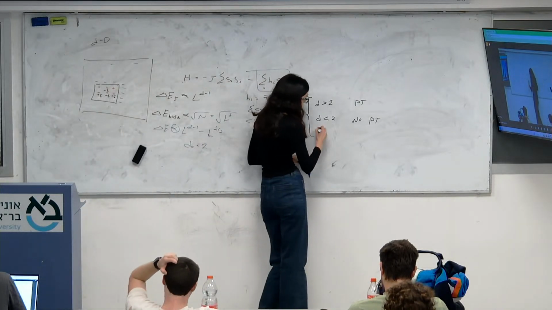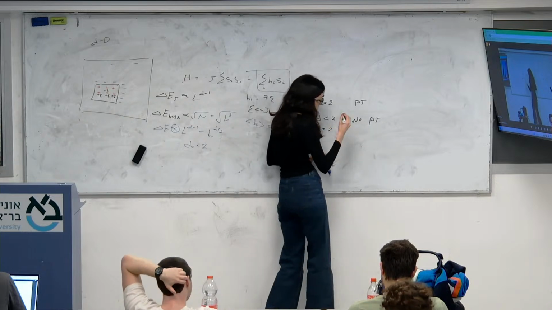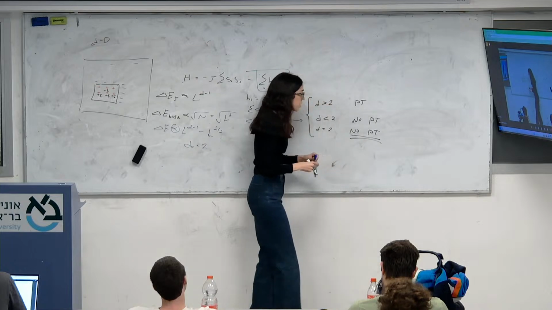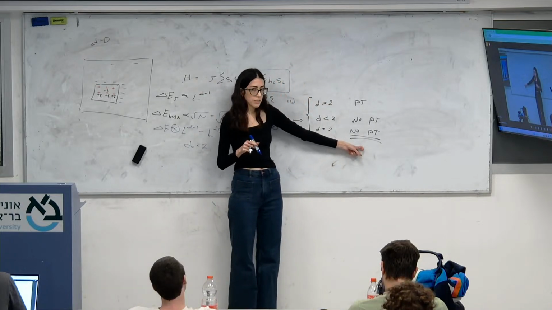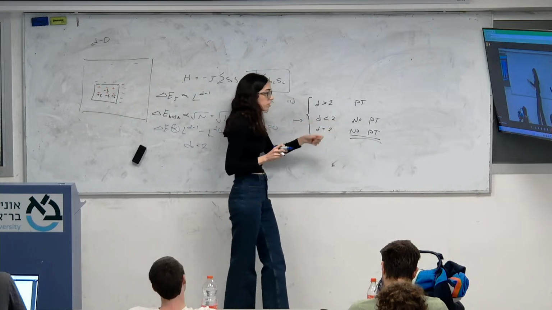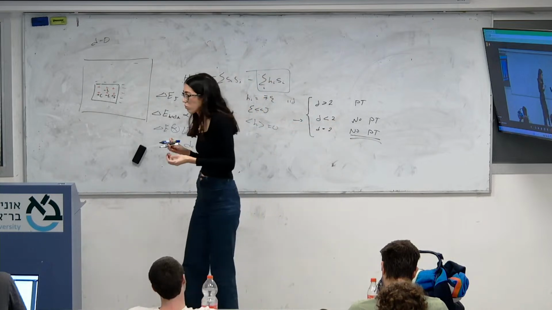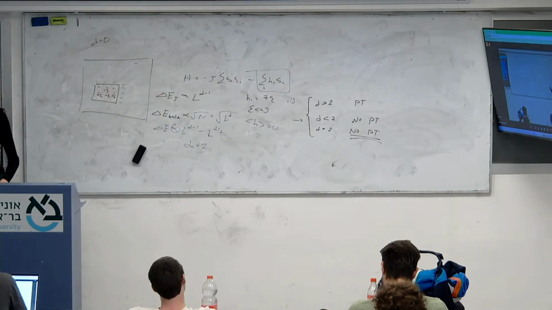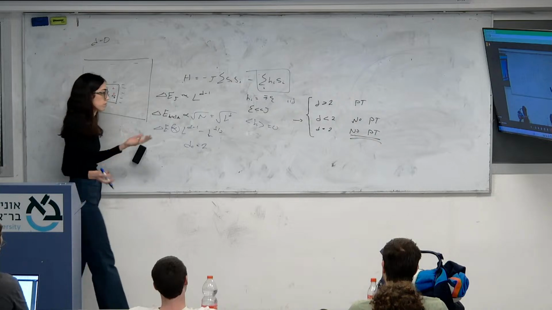And if D is equal to 2, there is also no phase transition. So this is actually the only case where we're going to have a change, because for D smaller than 2 we don't have a phase transition anyway, so it doesn't really matter. And for D larger than 2, we just keep having a phase transition.